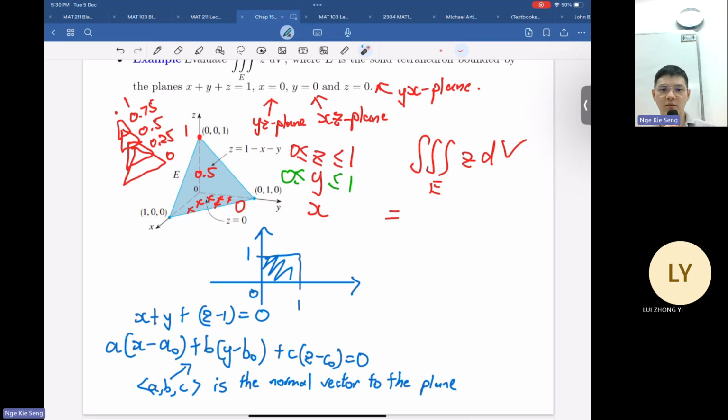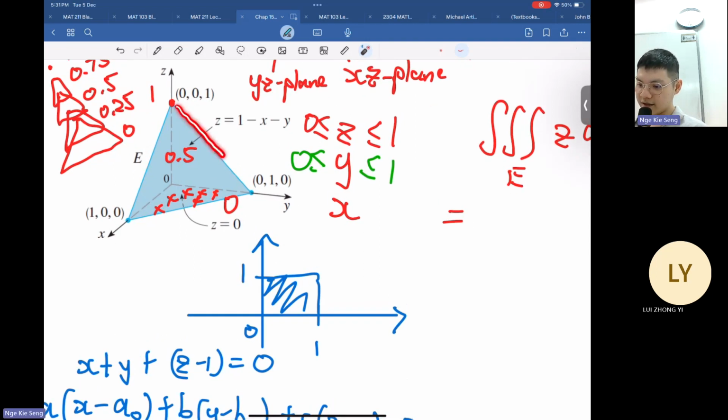So what goes wrong? The square varies. So what should the region be then? 0 to z minus 1, how do you determine that?